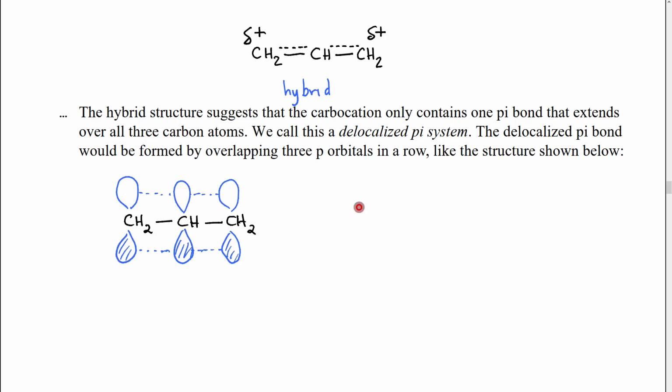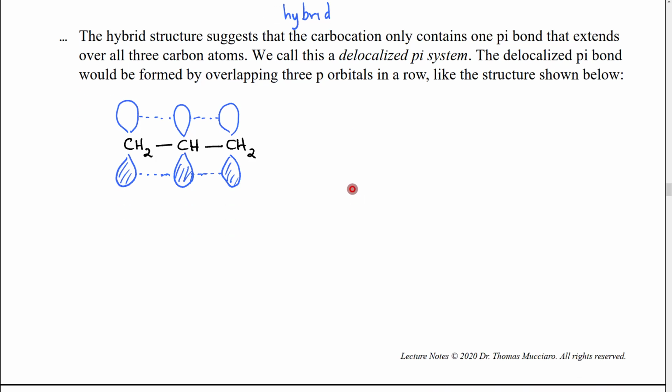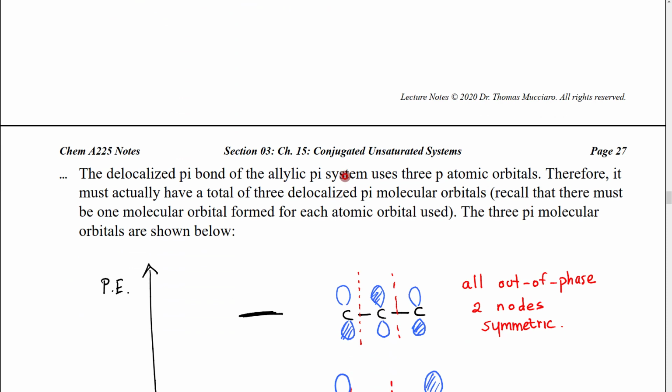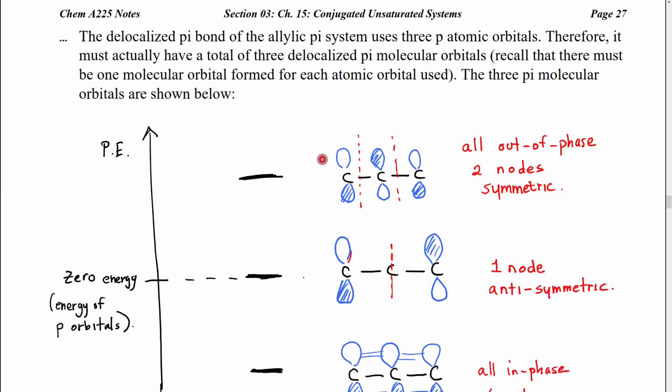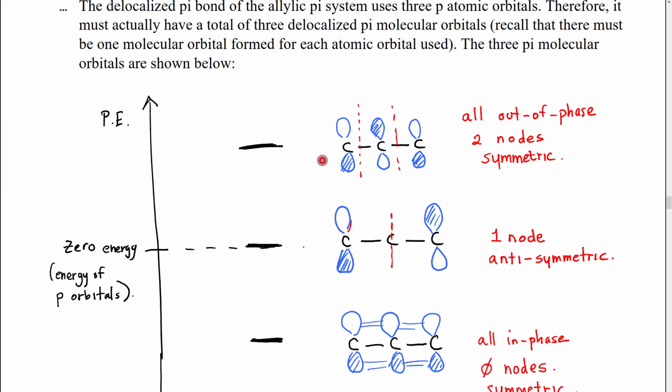Just having one delocalized orbital would only hold 2 electrons, so where would the other 4 electrons go? So here is the molecular orbital picture of an allylic pi system, like, for example, an allylic carbocation, but not limited to carbocations, as we're going to see.